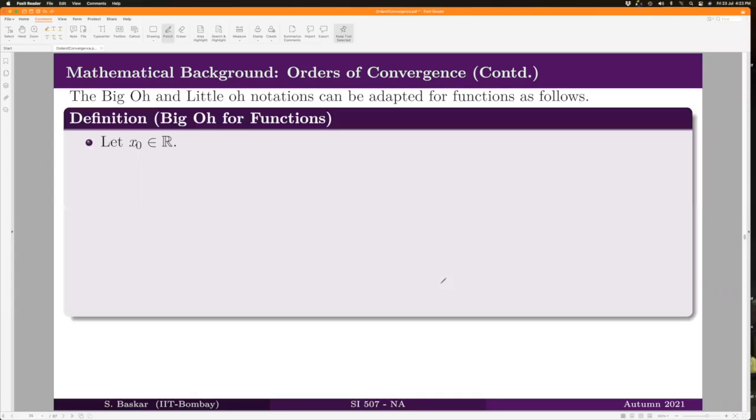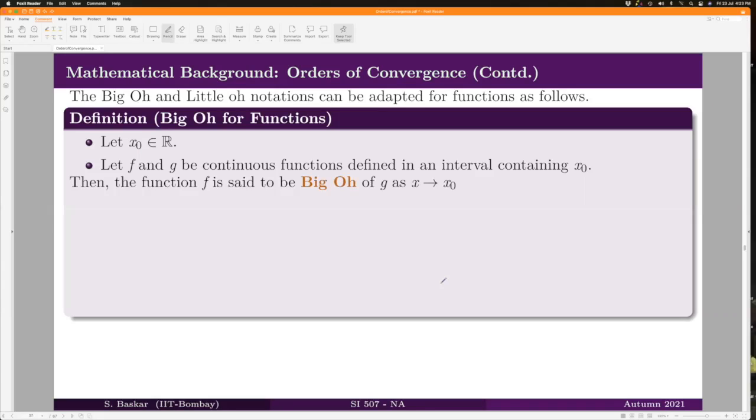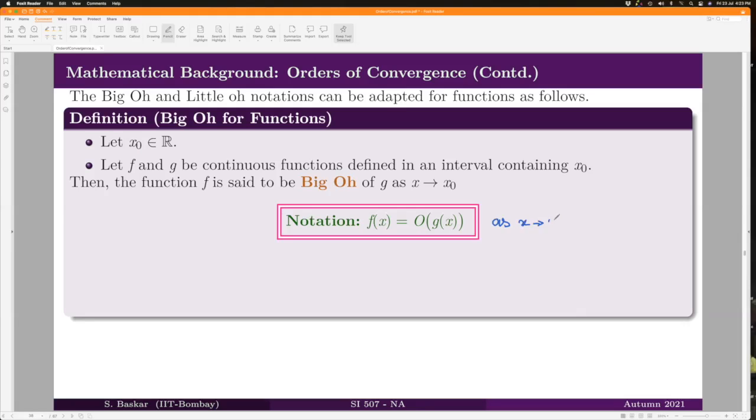Let us start with big O. Let x naught be a real number and f and g be continuous functions defined on the same interval which contains x naught. Then we say that f is big O of g as x tends to x naught. Notationally, we write it as f of x equal to big O of g of x as x tends to x naught.